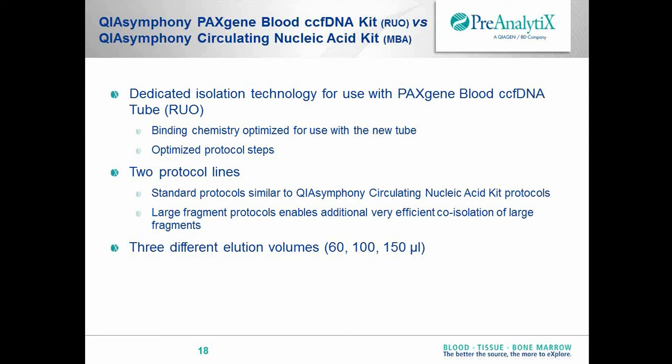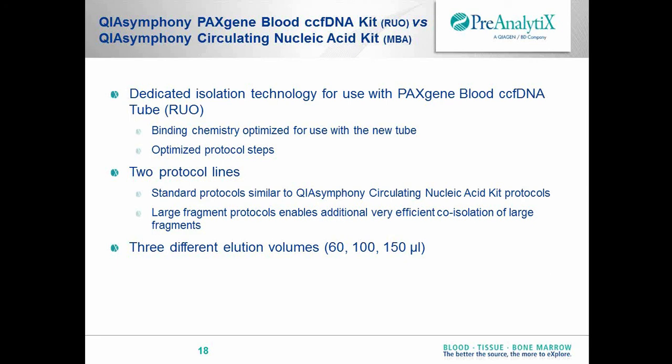And then we have 2 protocol lines, so a standard protocol line, more focused on small ccfDNA fragments, and then another protocol line focused on large and small fragments, so that you can really address all kinds of ccfDNA with one kit and different protocols dedicated for plasma generated from the PAXgene Blood ccfDNA tube. And finally, we have the option to have 3 different elution volumes.